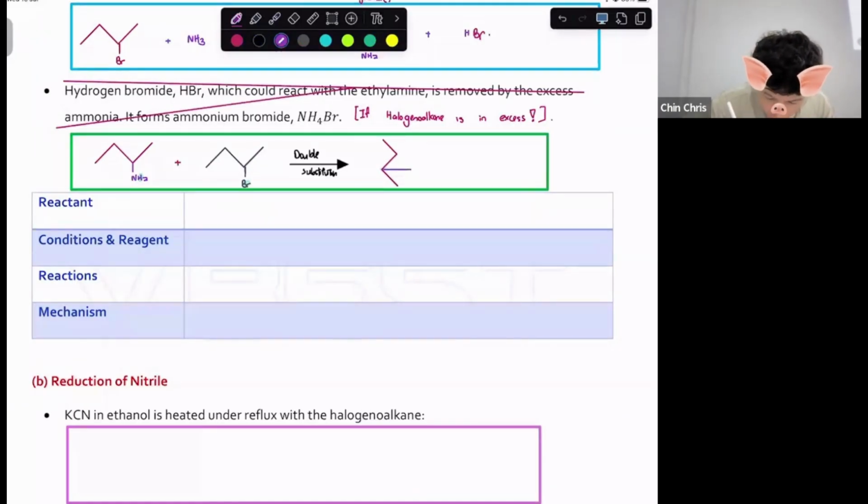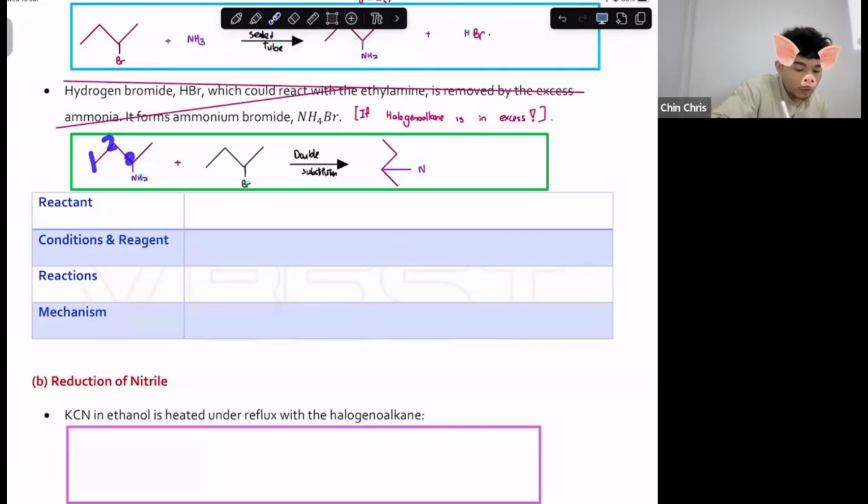Nitrogen, NH2, just now was like that. Now you just remove the hydrogen and the Br here and substitute the gray part inside.